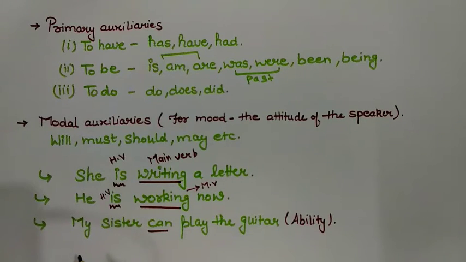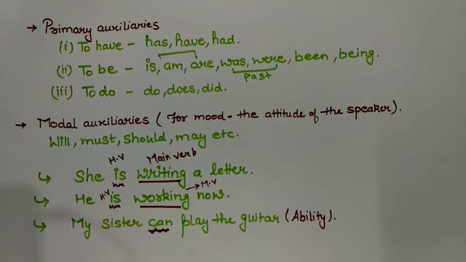The next example: my sister can play the guitar. Here, can is actually a modal auxiliary. It is showing the mood, the ability of the speaker. So, we use modal auxiliaries to show the attitude, ability, and possibilities of the speaker.